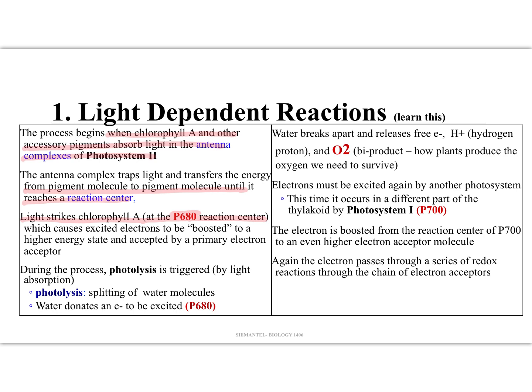And it's going to cause the electrons in it that are not yet excited to become excited. As they become excited, they are going to change energy states. They're going to go from being low energy to being high energy. And then they're going to start moving so that they can be accepted by what we call a primary electron acceptor.